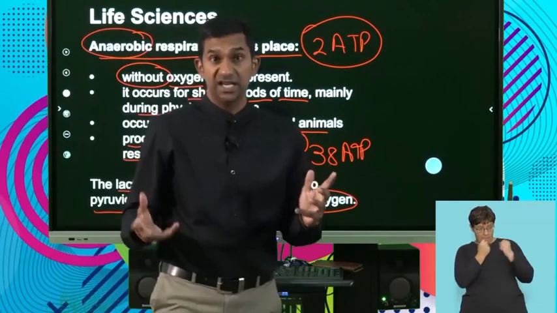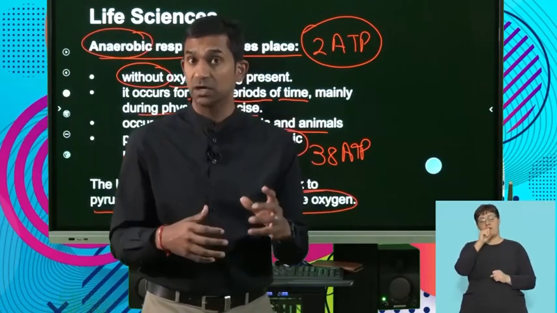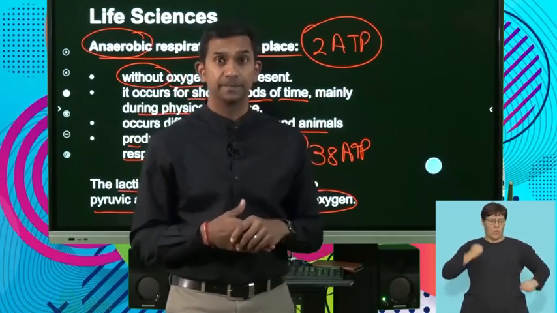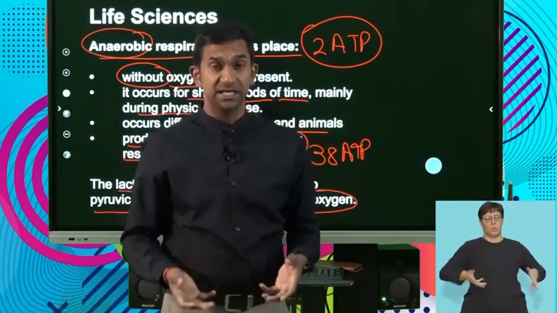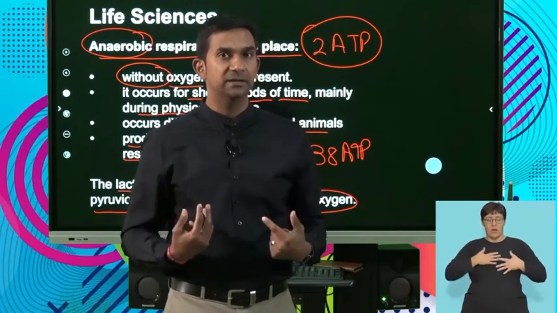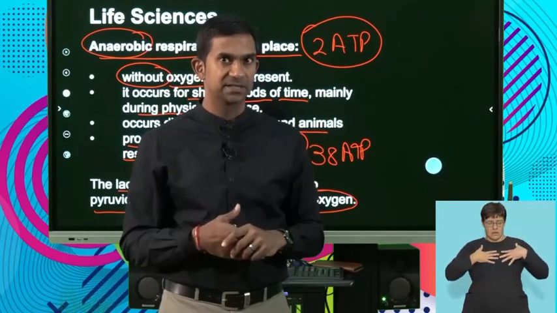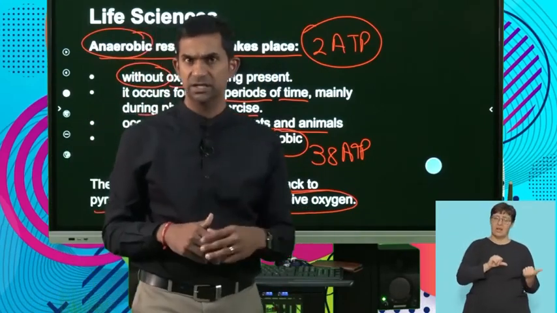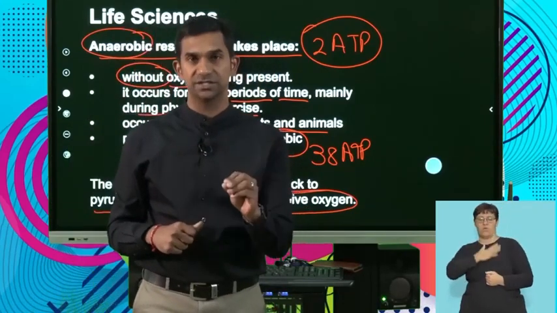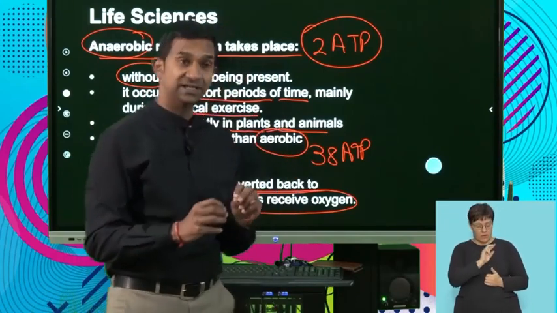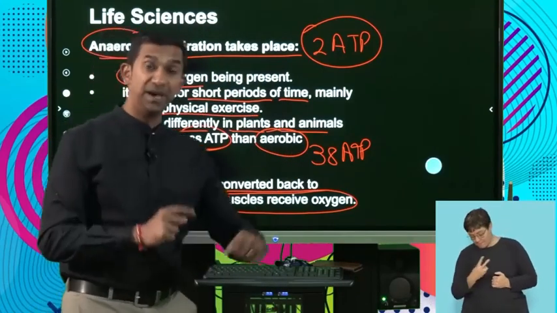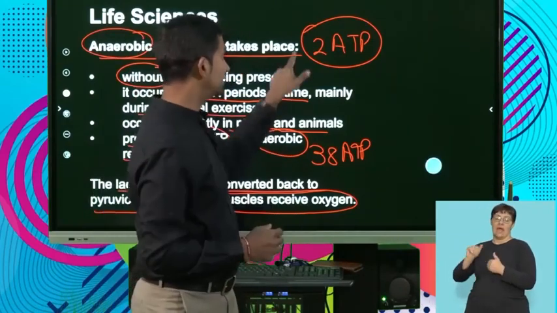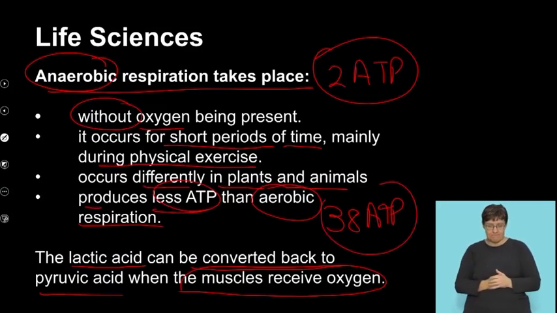Okay, the lactic acid can be converted back into pyruvic acid when the muscles receive oxygen. And so often, after a strenuous workout or a game, we hear coaches saying, well, warm down. And warming down essentially means let's continue to inhale and bring more oxygen into our muscles. That oxygen then helps to revert back into cellular respiration using oxygen, converting that lactic acid back into pyruvic acid, which can then be used to produce more energy in the presence of oxygen.